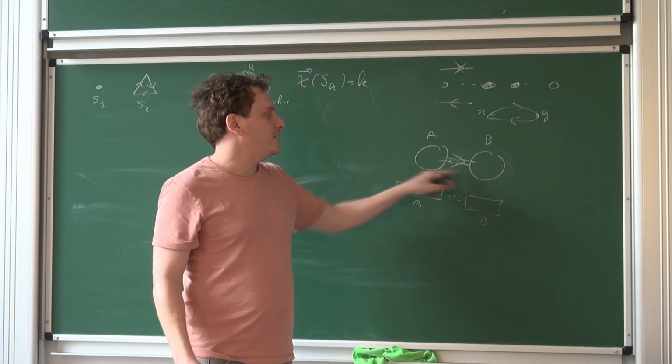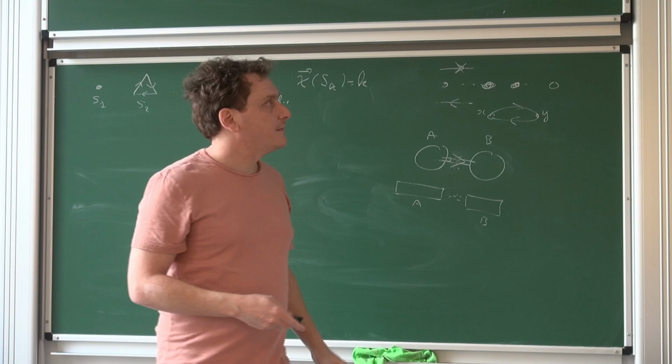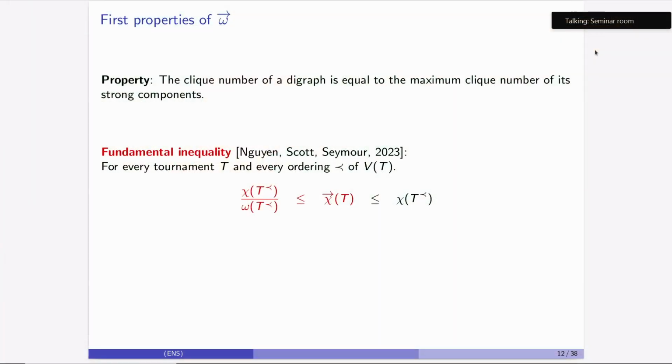So the clique number of this is the maximum of the clique numbers of A and B.